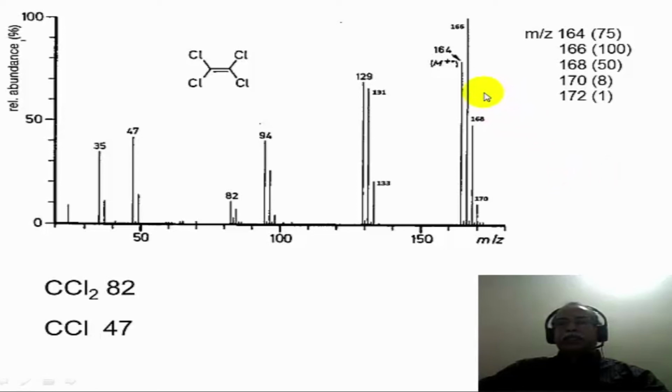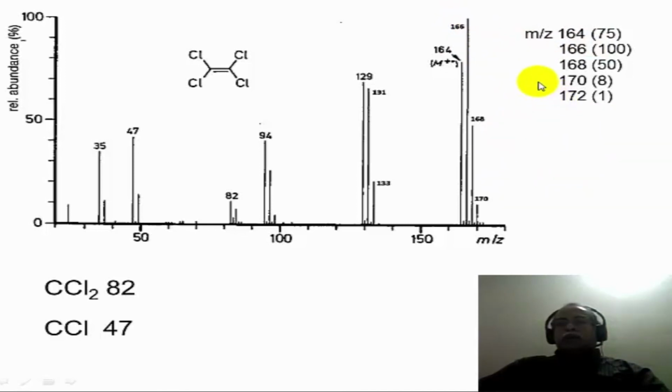Indeed, one sees the cluster of peaks in the molecular ion region for this particular compound. This is a positive ion mass spectrum shown here, and in the molecular ion region one can see 164, 166, 168, 170. The 172 peak is probably too small to be seen relative to the base peak, which is 100. This is only 1%, whereas the 166 peak is the 100 base peak in this spectrum.